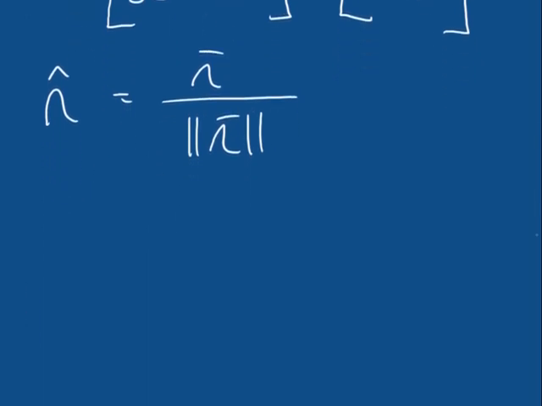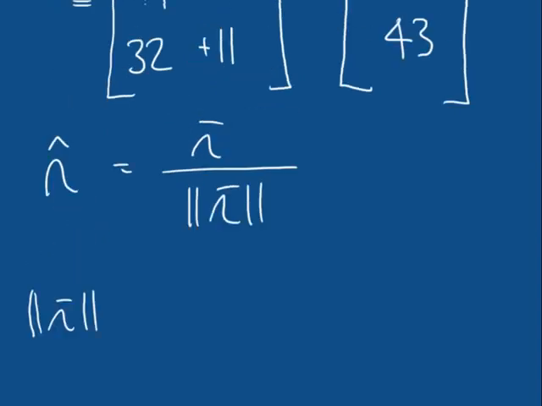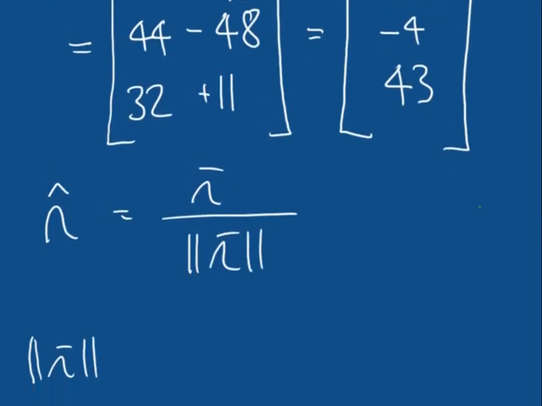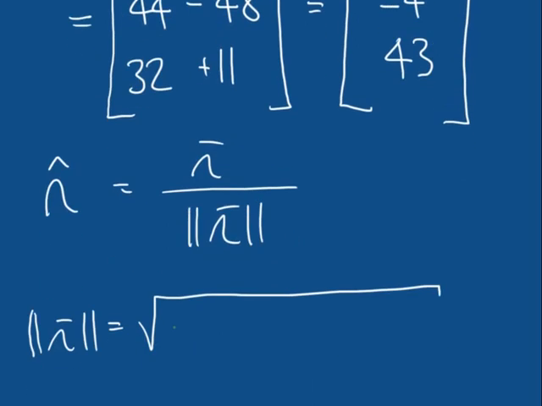So that means I need to work out the length of n. The length of n we know is equal to the square root of x squared plus y squared plus z squared. X is minus 22, so minus 22 squared plus y is minus 4 squared plus z is 43, so 43 squared.